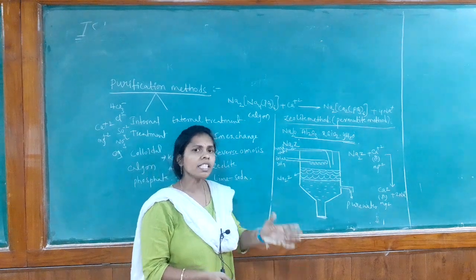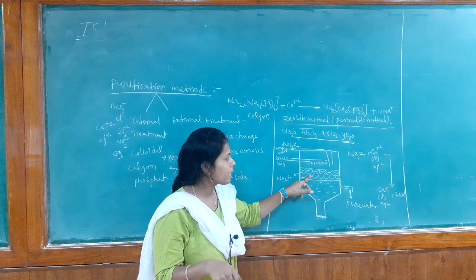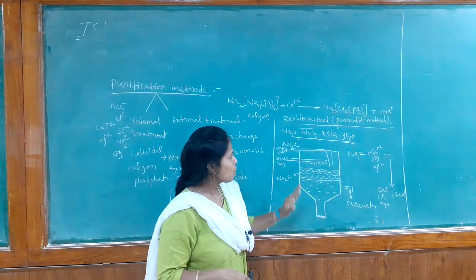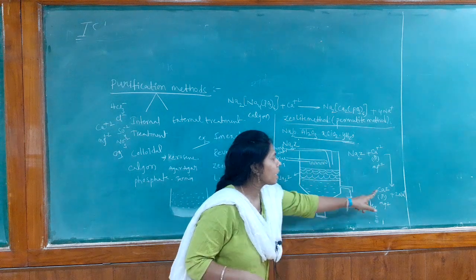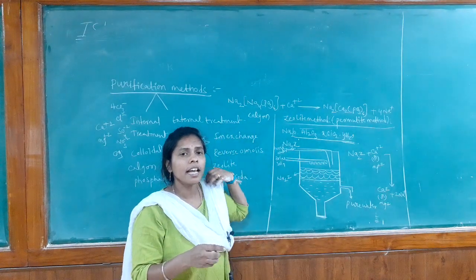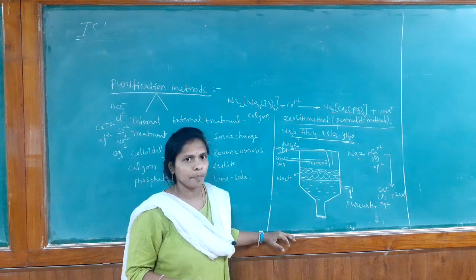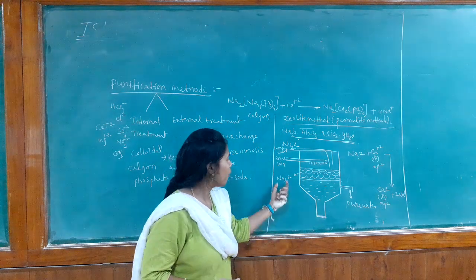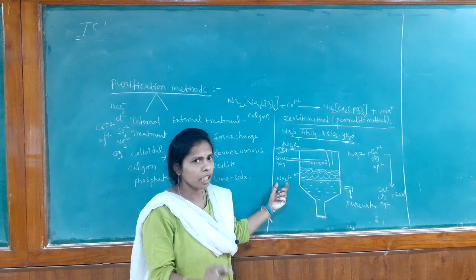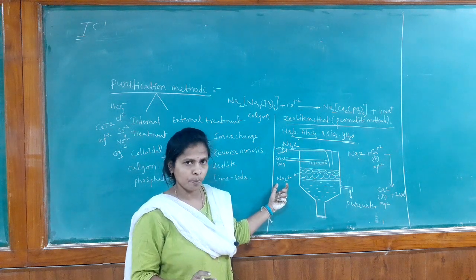But at one stage, the entire zeolite is replaced with calcium plus 2 and magnesium plus 2 ions, so CaZ and MgZ form throughout the resin. That means the zeolite is exhausted. There are no free Na plus ions left to replace calcium plus 2 and magnesium plus 2.